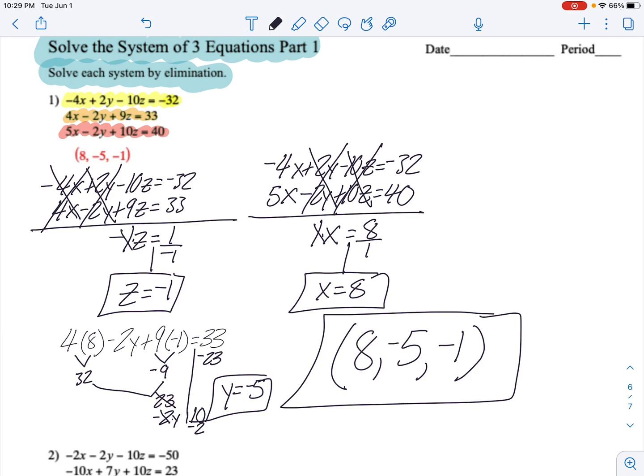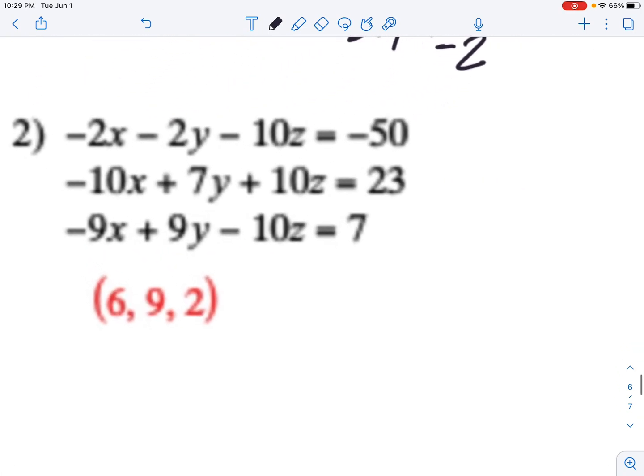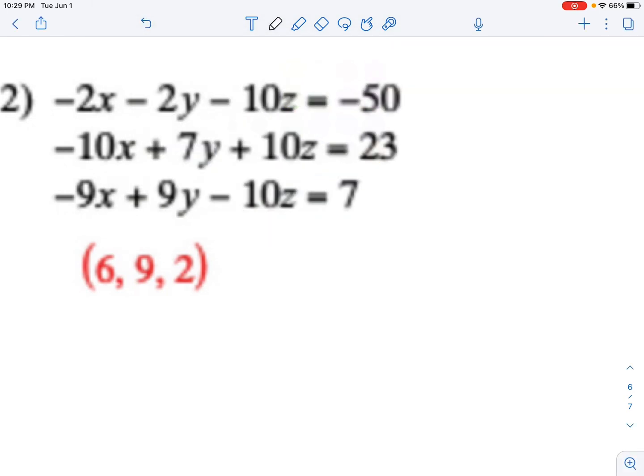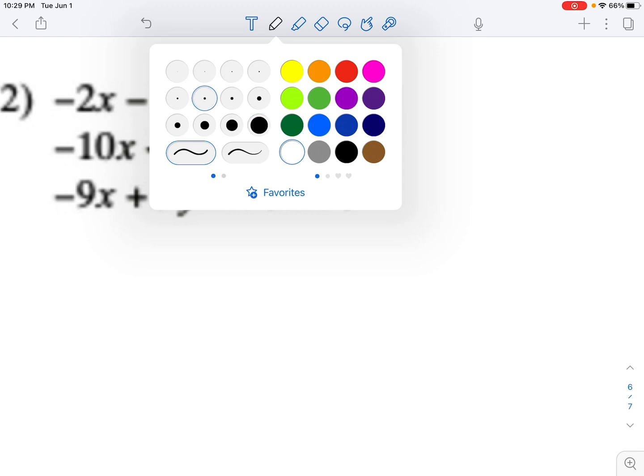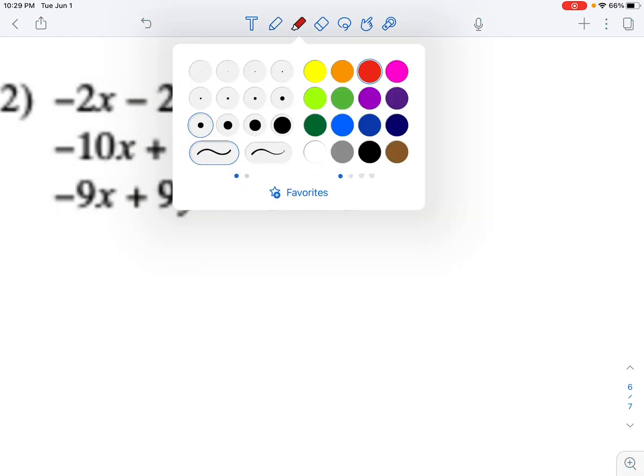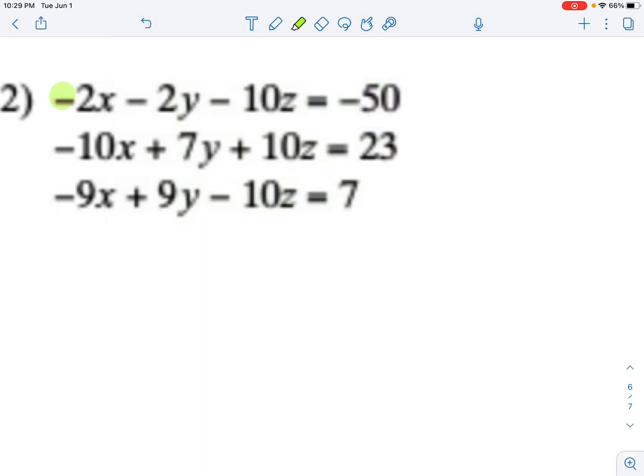That's my number 1. So let's do the second one now, right? First thing I'm going to do, though, is cover this here so it's not in the way. All right. Next, I'm going to, again, highlight my 3 different equations here.